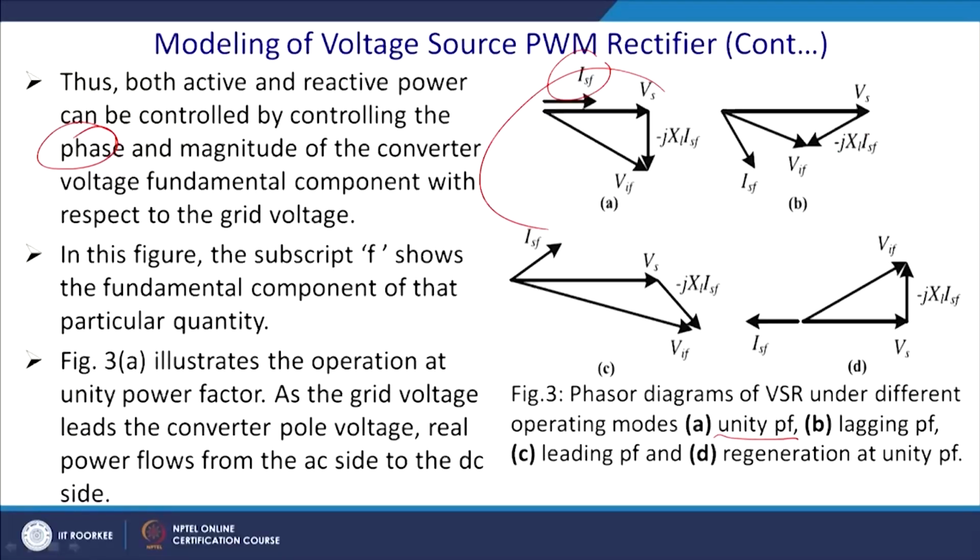So, you have this value of the inductance drop and this current is lagging. Similarly, here in C current is leading, you get a leading power factor, and it is regeneration, you feed the current and voltage will be 180 degree phase shifted. So, power will come back from the DC side to AC side, and it will act as an inverter.